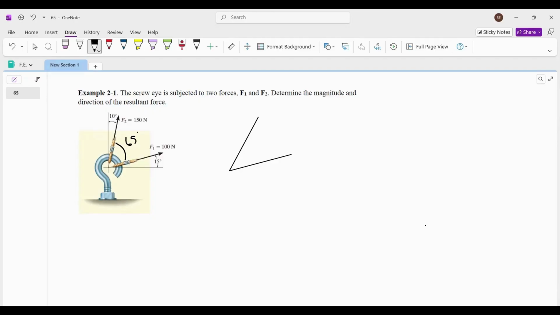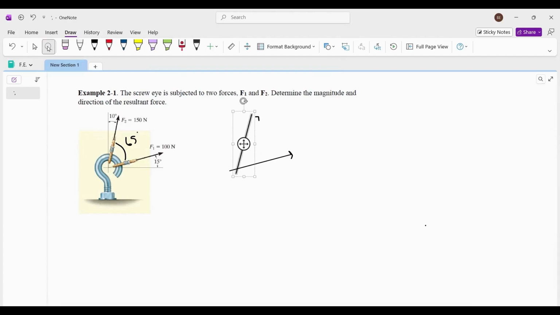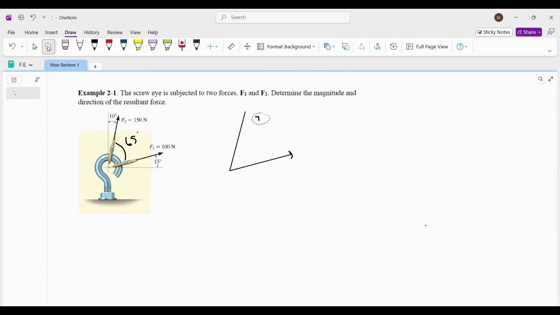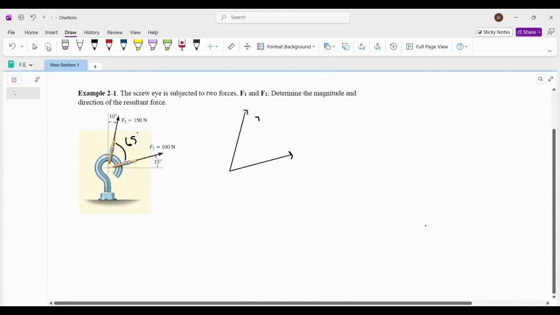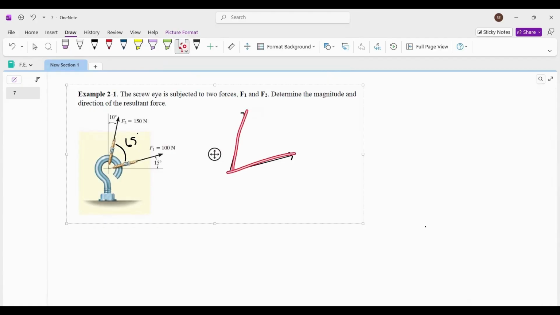It doesn't have to be exactly perfect, but it's just to help us visualize things a bit better. Okay, so this is F2, this is F1.